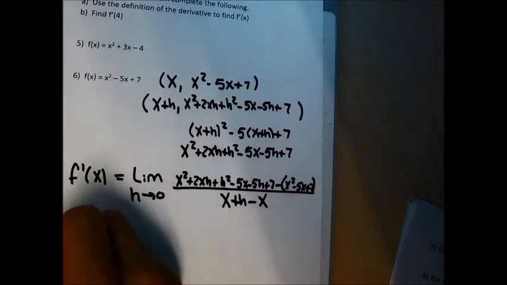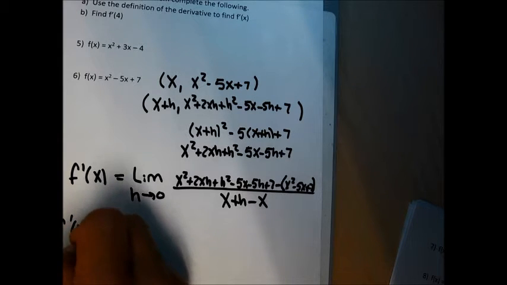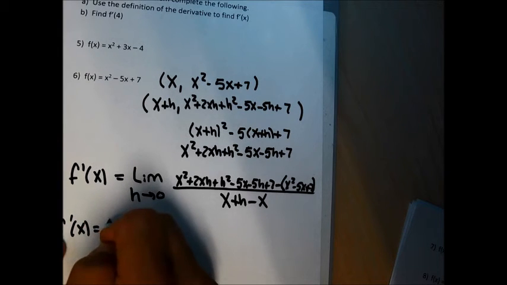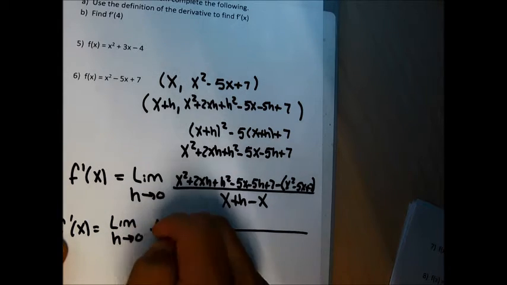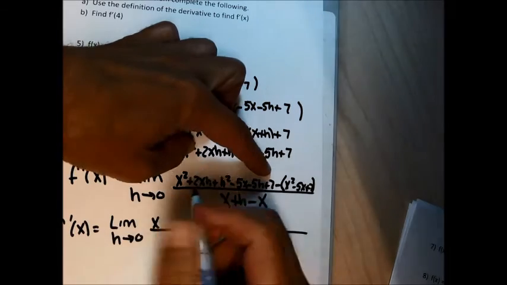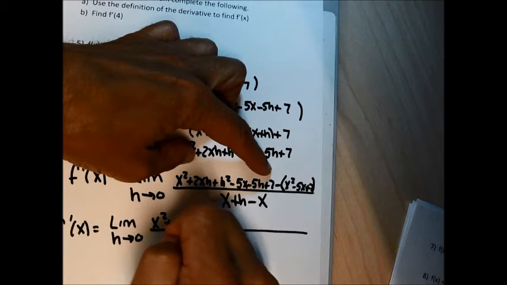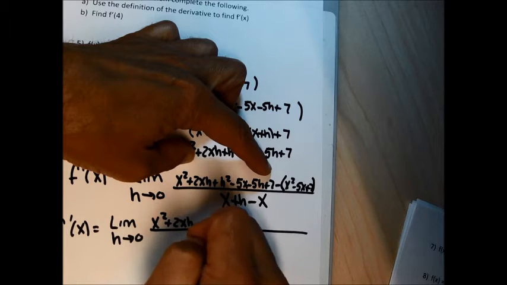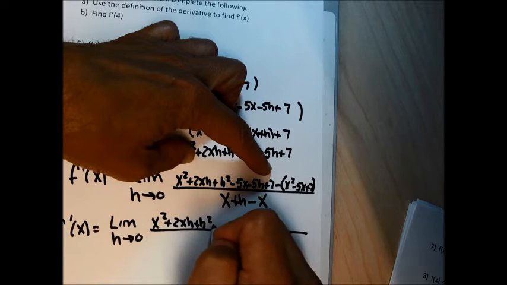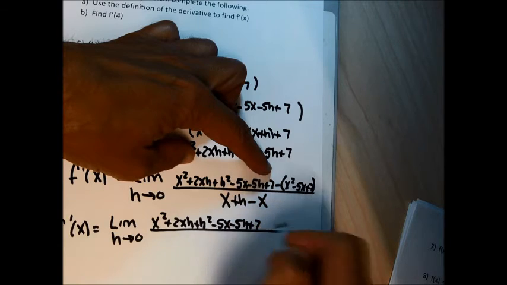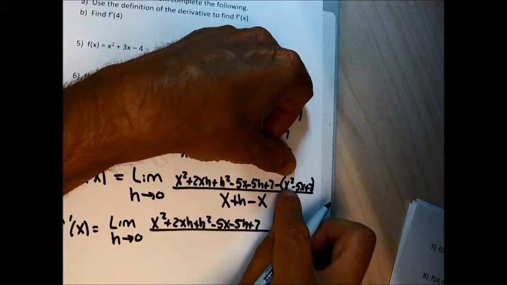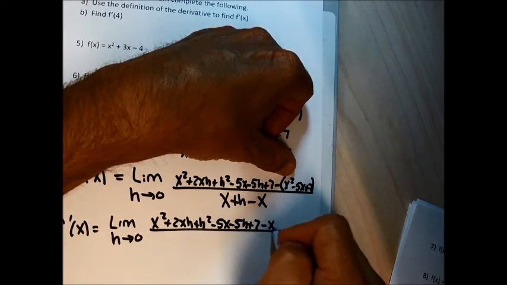Now let me clean this up by getting rid of the parentheses. So I get the derivative f prime of x, which is a formula for the instantaneous rate of change, is, write all this stuff again, x squared plus 2xh plus h squared minus 5x minus 5h plus 7. Now change all these signs. The positive x squared is going to go to negative x squared.